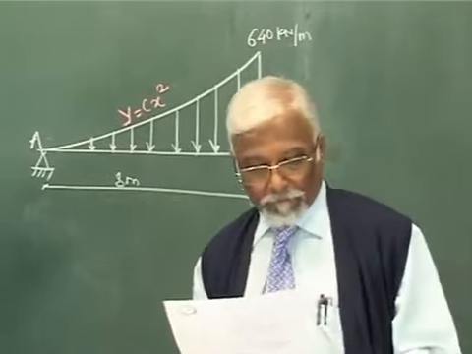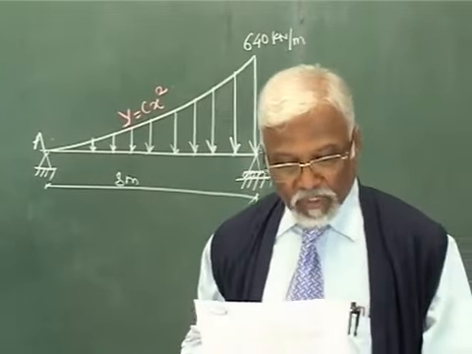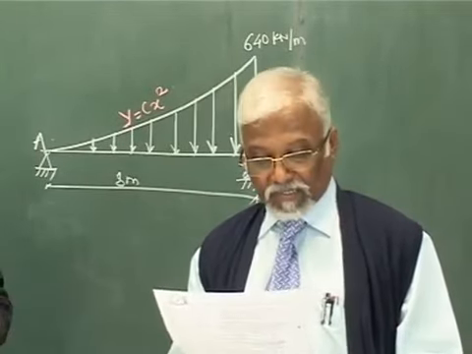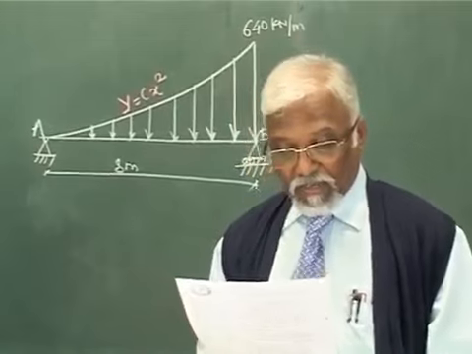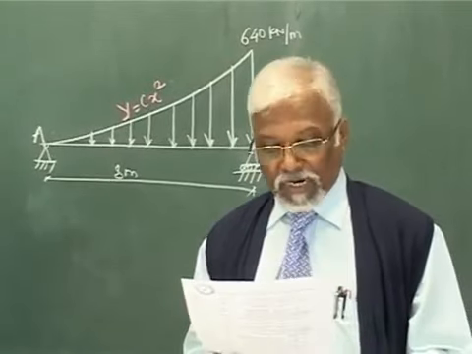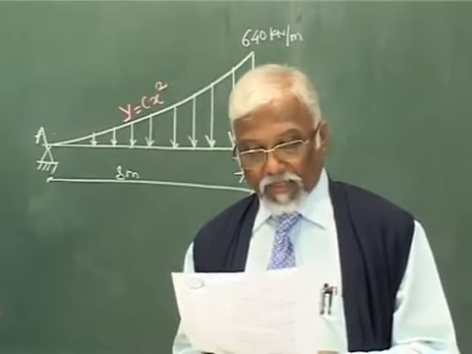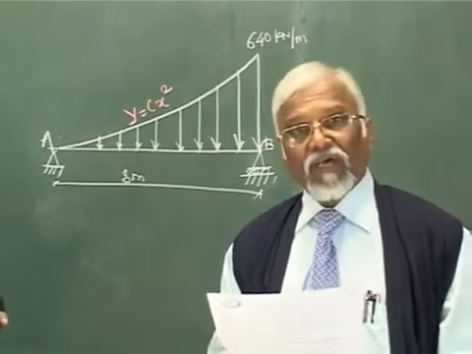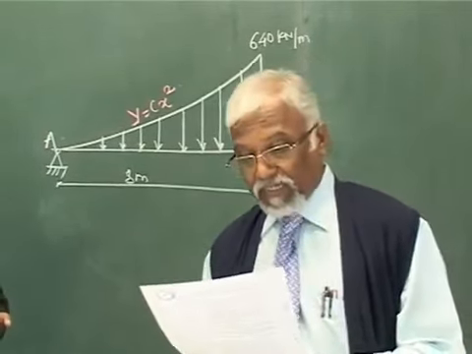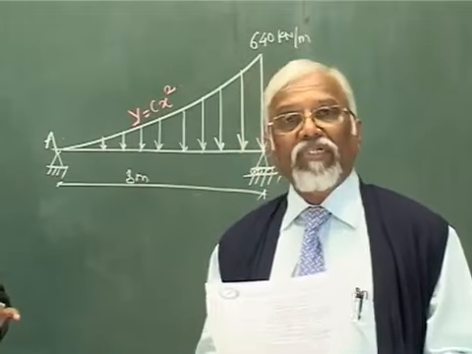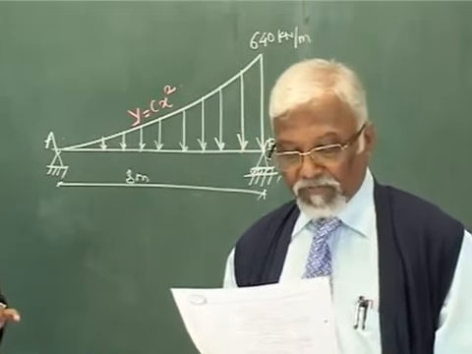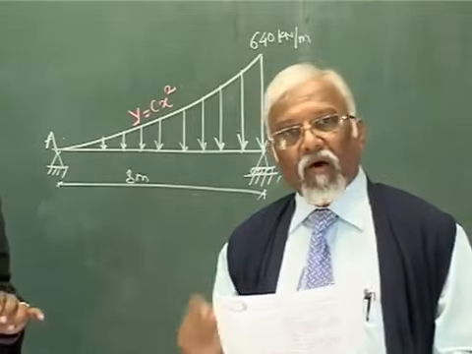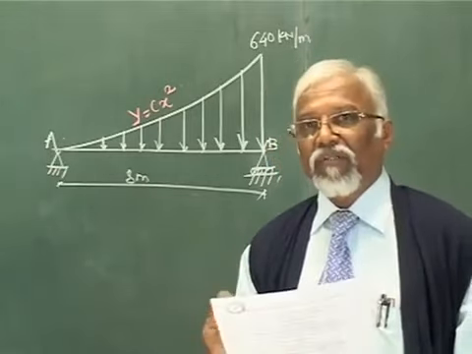Your options are A 426.67, B 1280, option C 1706.67, or option D 450. All these values are in kilonewtons.